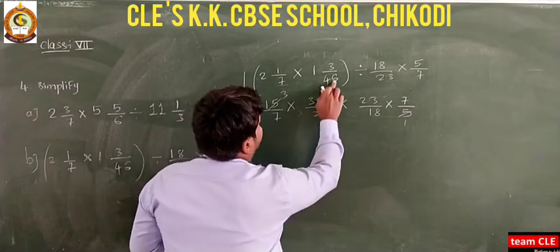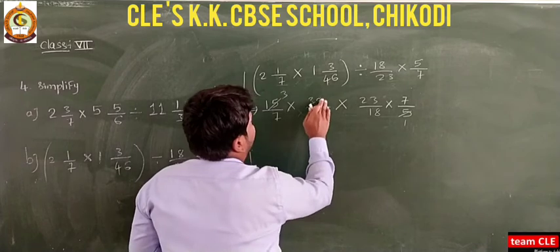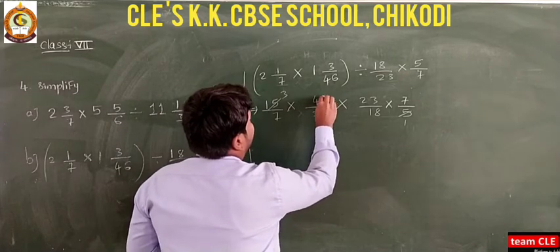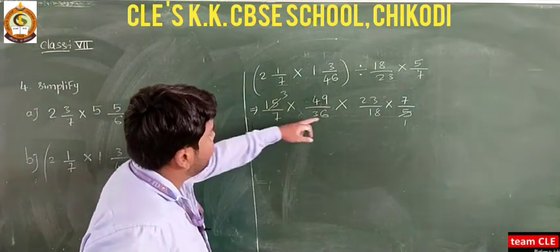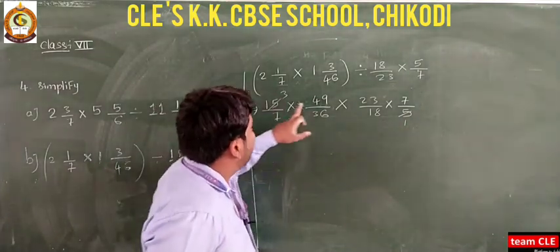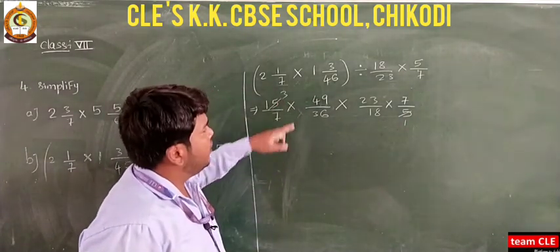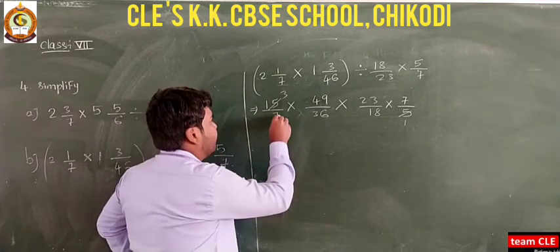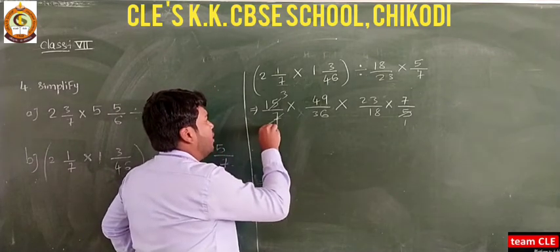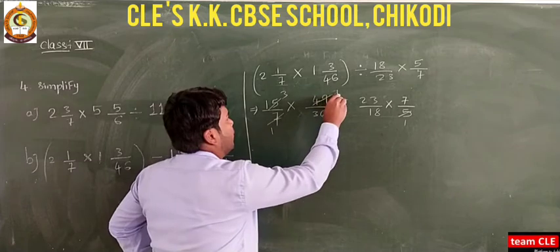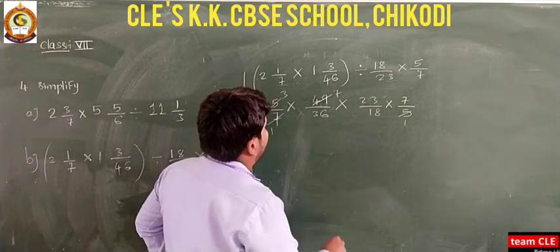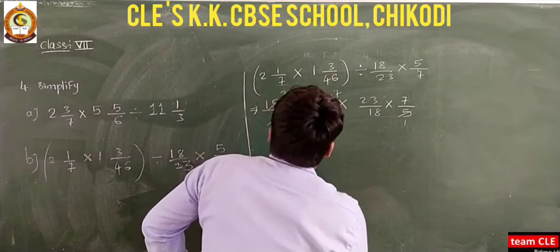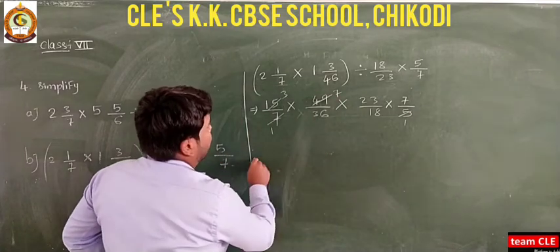So 46 1s are 46, 46 plus 3 is 49. Now see here, 5 1s are 5, 5 3s are 15. Next, 7 1s are 7, 7 7s are 49. Now see again what we can do, the remainder which is remaining.